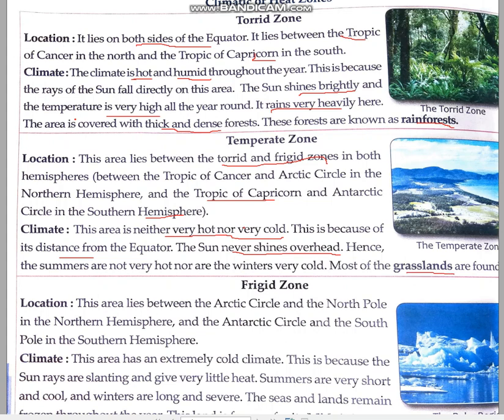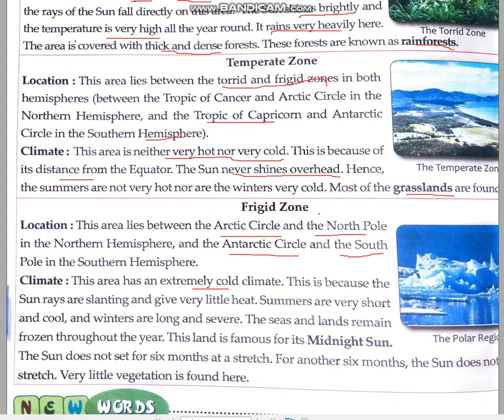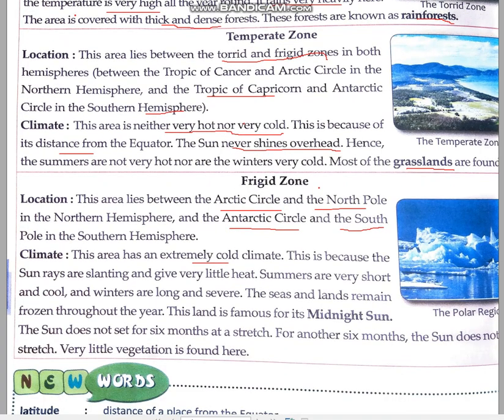Third, we come to the frigid zone. Frigid zone is the part of the earth near North Pole and South Pole. So that means between Arctic Circle and North Pole, and between Antarctic Circle and South Pole. As this particular part of the earth is situated near the pole, we can very well understand that extreme cold is there.